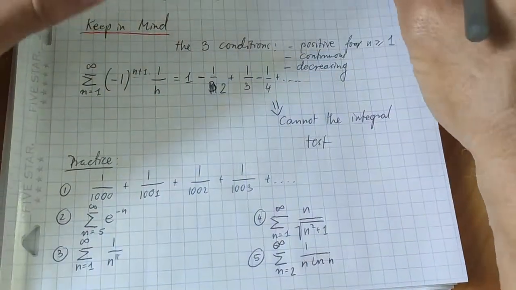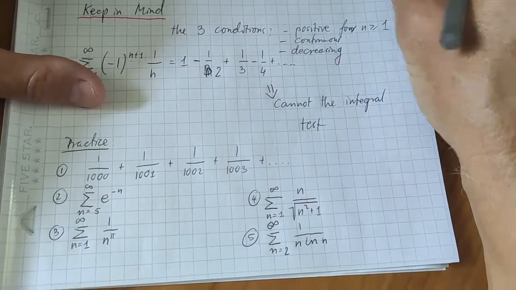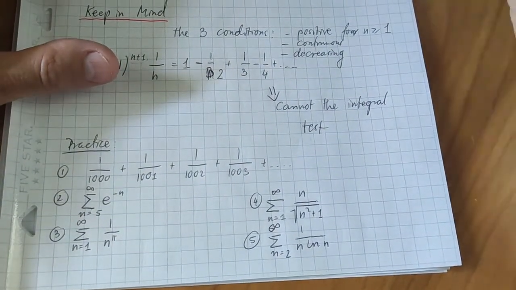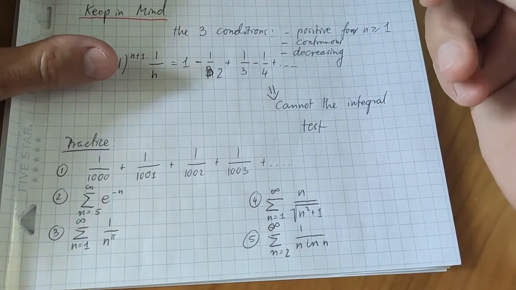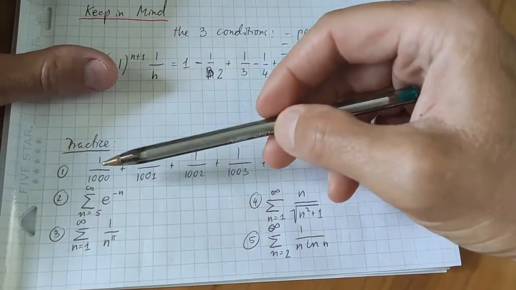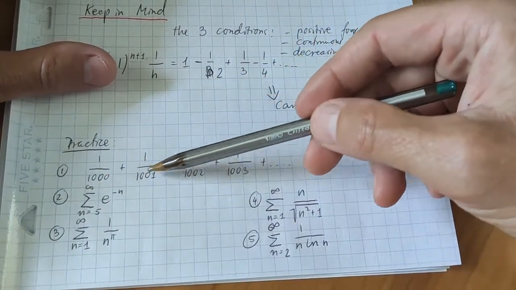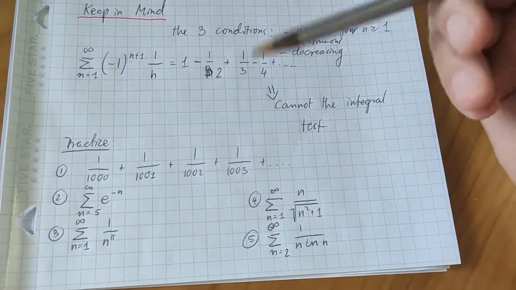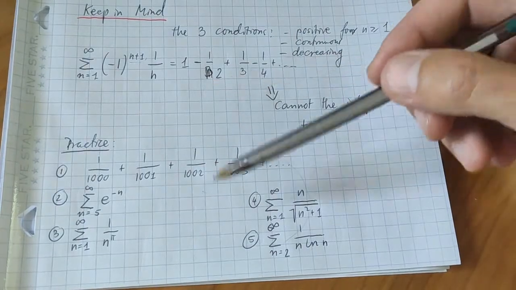Alright, so I hope you figured it out. You're back, and let's think about the first one. You can look at the numbers, and they're getting closer to 0. So you may think maybe this series converges.